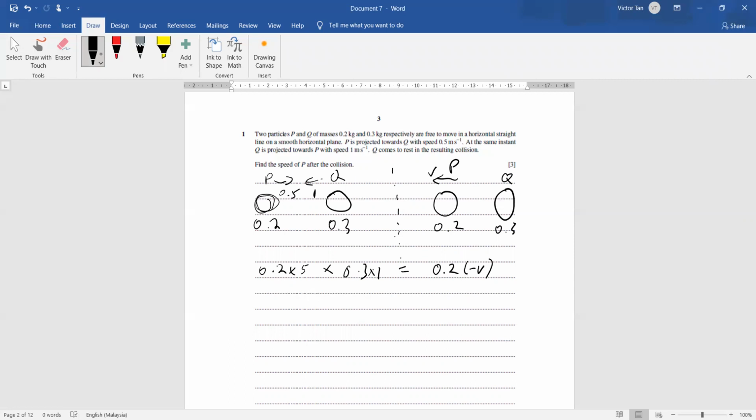So here you have 0.2 times 0.5 is 0.1, and 0.3 times 1.